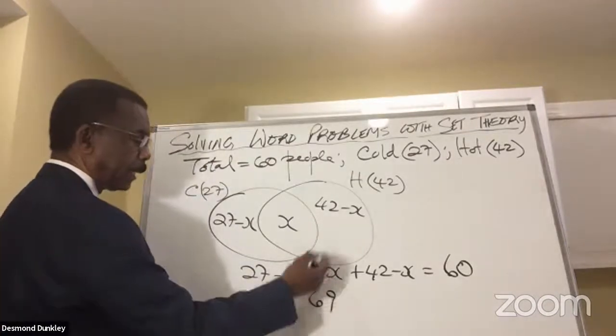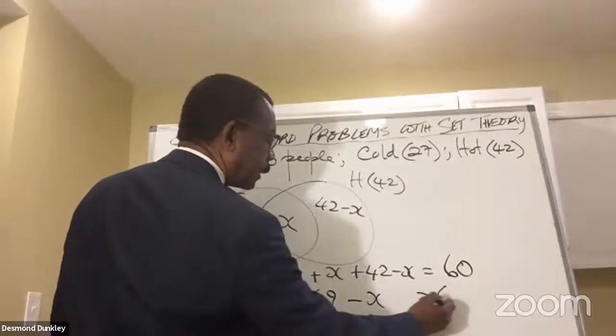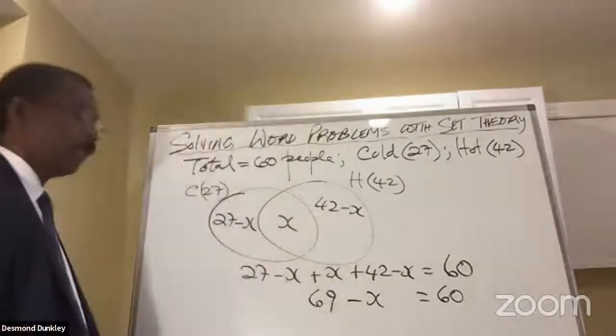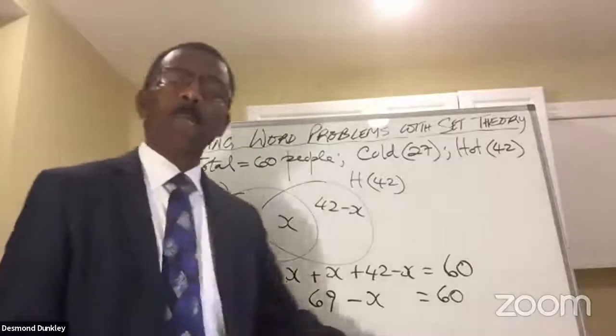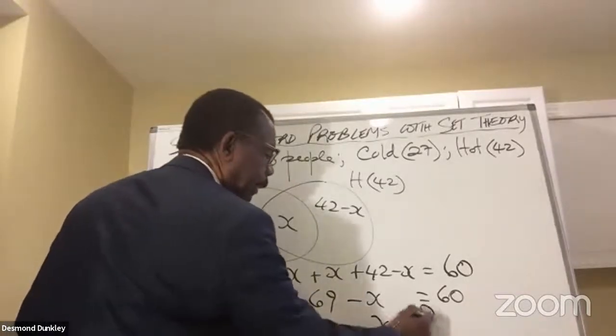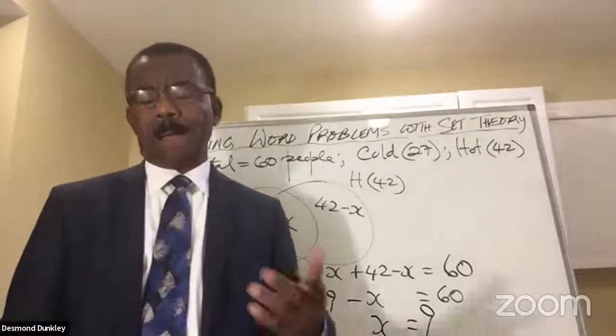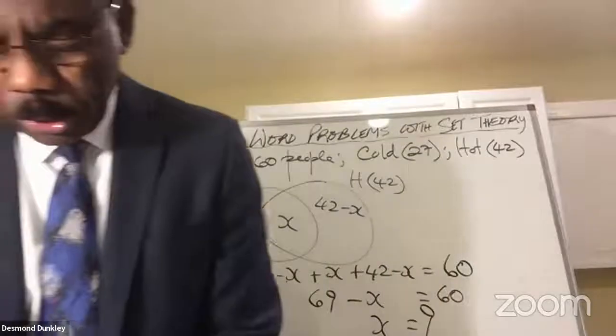Negative x plus x is 0. Minus x equal to 60. Of course, we look at it and say 69, take away what leaves 60, you realize that x has to be 9. So 9 people liked both the hot and the cold.